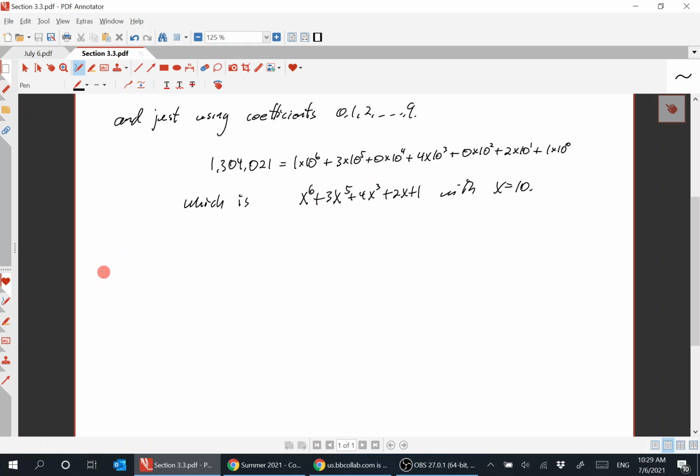So let's divide x to the third minus x squared minus 14x plus 24 by, let's say, 2x plus 3.